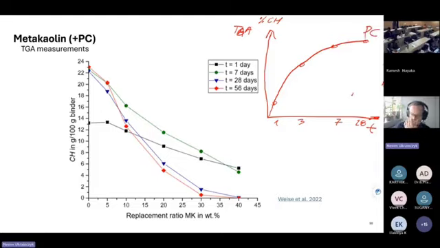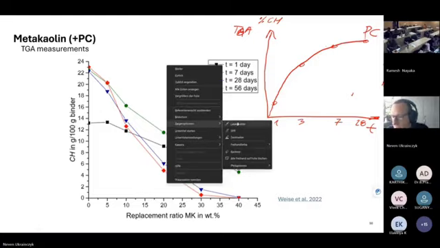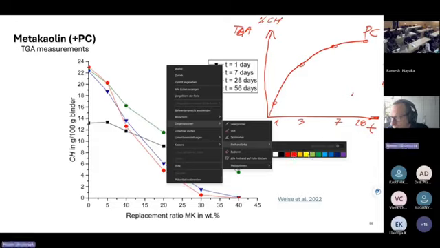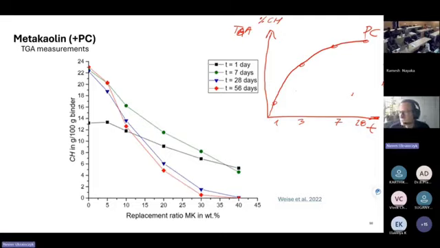But if you would use the Portland cement with filler, let's use a different color, a green one, like this is the way you should do it, then you would get a faster reaction, the filler effect, especially at the beginning. At the end, probably similar.